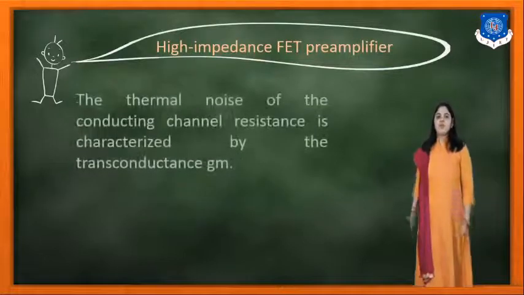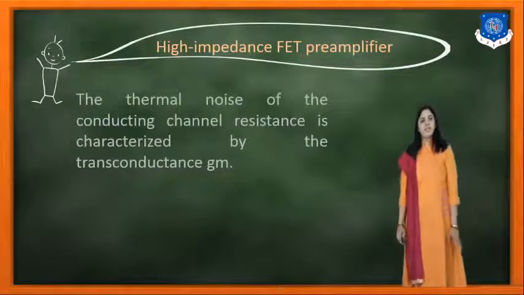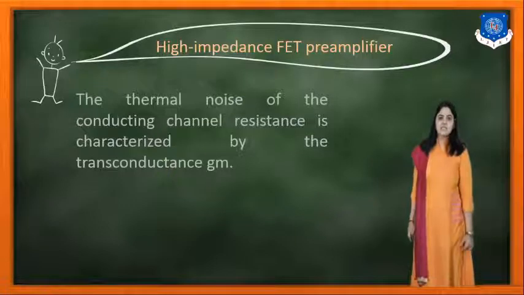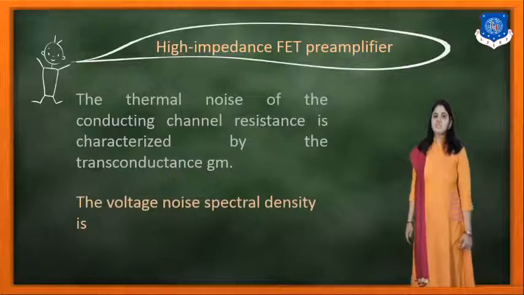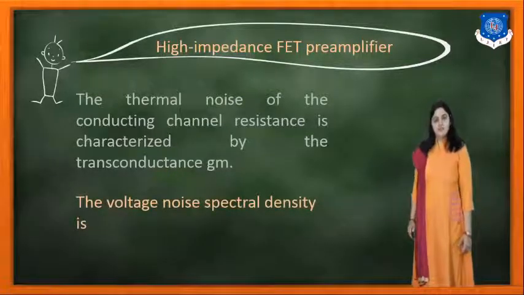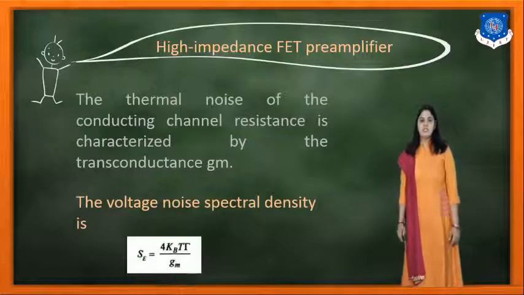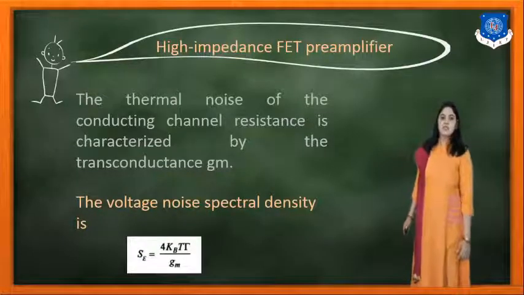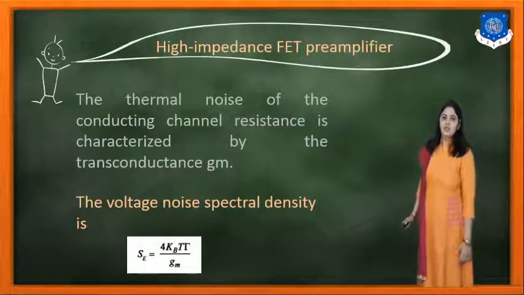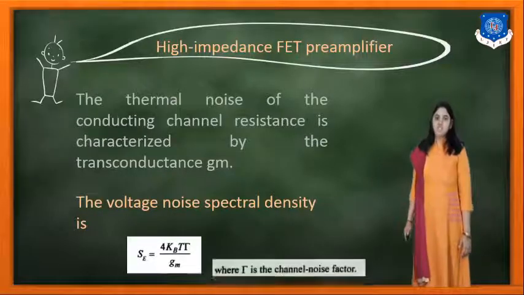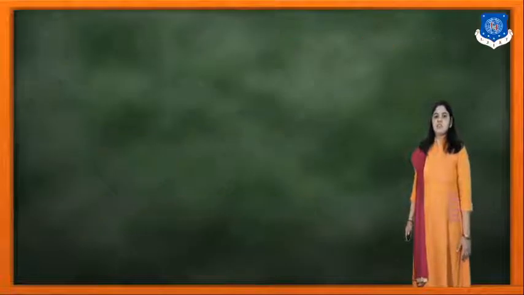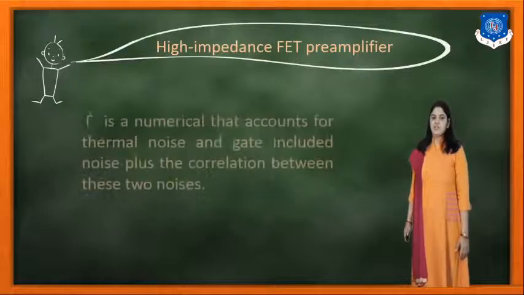Now the thermal noise of the conducting channel resistance is characterized by the transconductance Gm, and the voltage noise spectral density S_E is equal to 4kTΓ upon Gm, where Γ is the channel noise factor.